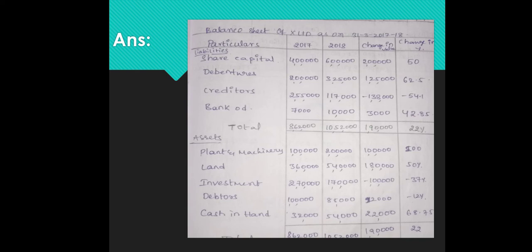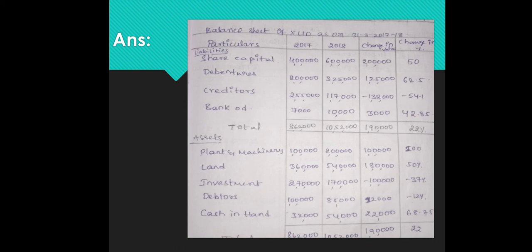For the change in percent, 2 lakhs divided by 4 lakhs into 100, we get 50%. Similarly we calculate debentures: 3,25,000 minus 2 lakhs, we get 1,25,000. Then 1,25,000 divided by 2 lakhs into 100 gives 62.5% as the change in percent.